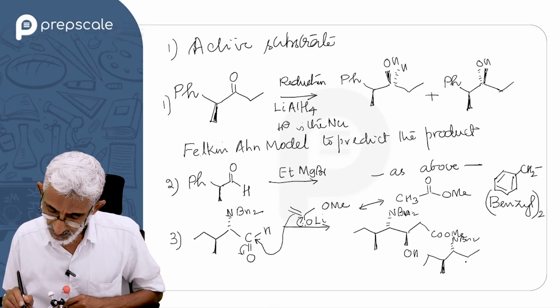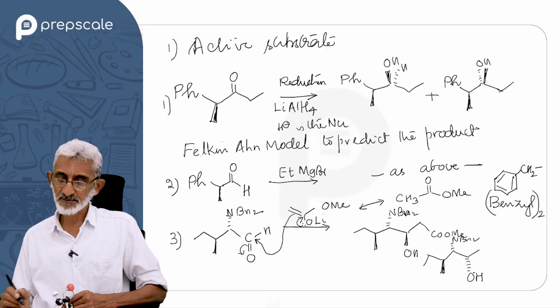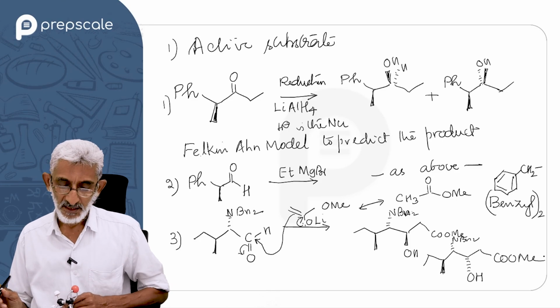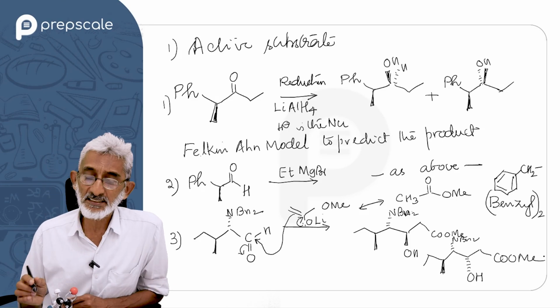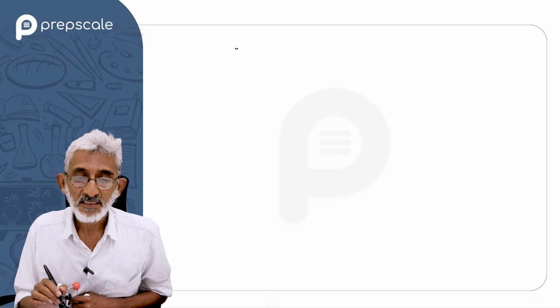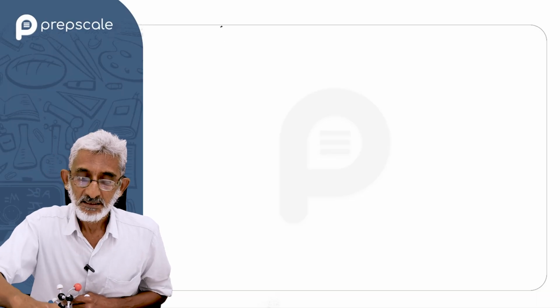NBn2 and this is the new chiral center which is generated, and COOMe. These are the two possible products. So these three reactions we will analyze today. Let's take the first reaction and see what happens.